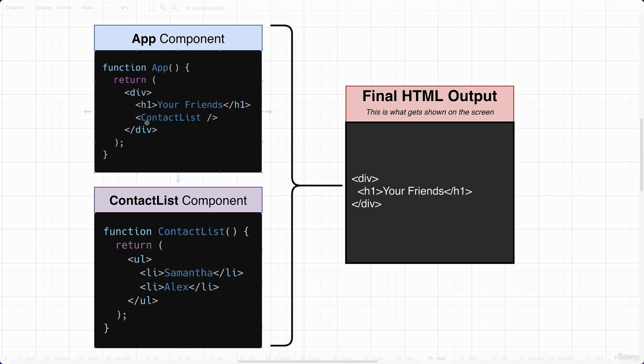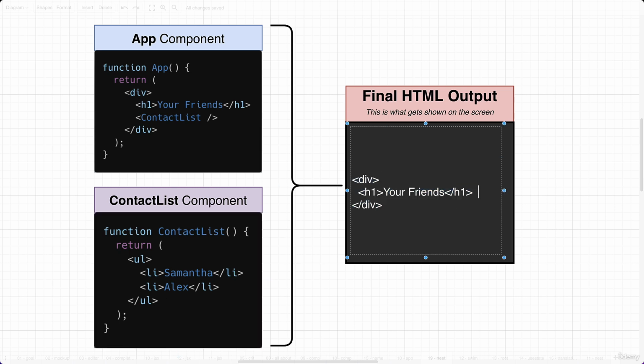If a tag begins with a capital letter, that tells React that we want it to go and find another component inside of our app called contact list and try to show that component on the screen. So capital C contact list tells React to go and find this component right here, call it, get all of that thing's JSX, and show that JSX on the screen.